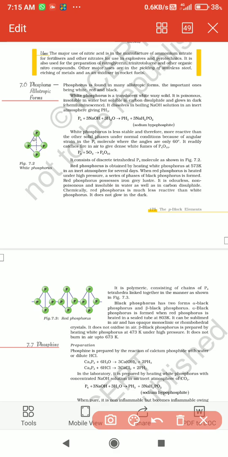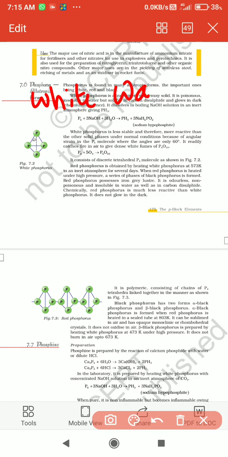How we prepare white phosphorus and what its major properties are, we are now going to discuss. White phosphorus is a translucent white waxy solid.